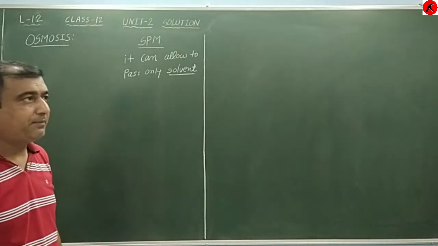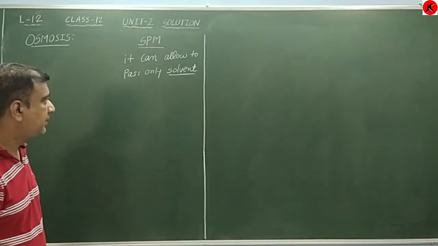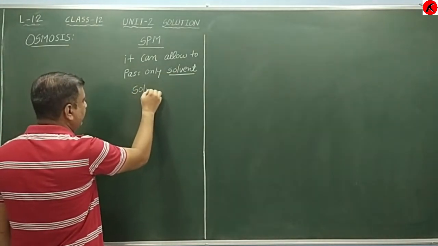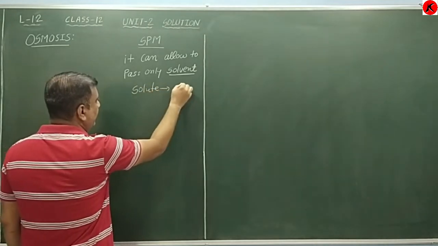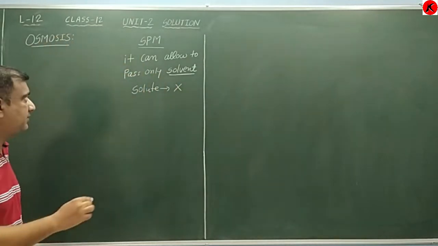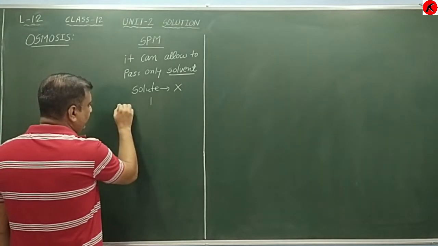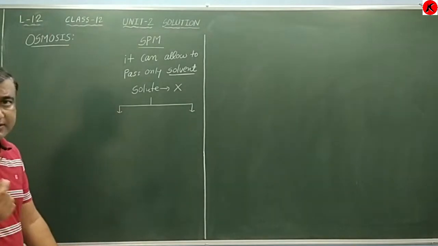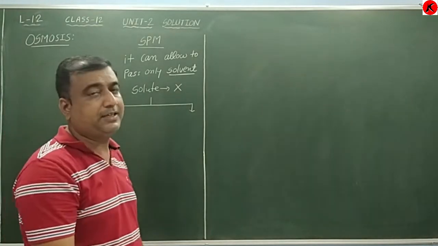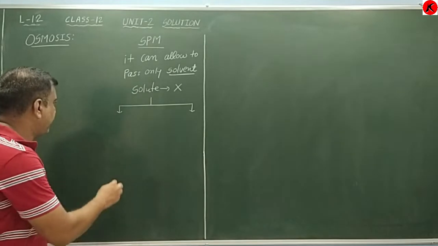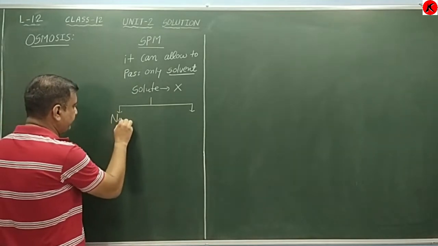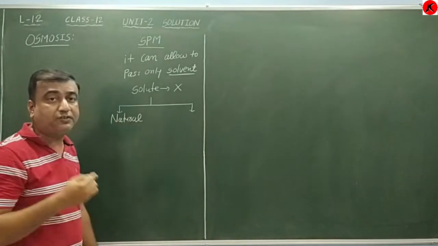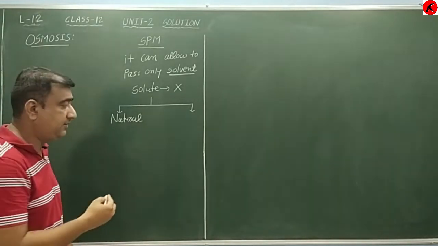Now, semi-permeable membranes have two types. Only solvent molecules pass, solute molecules do not pass. Certain natural substances act as an SPM, that means natural semi-permeable membranes, and certain synthetic substances act as an SPM.